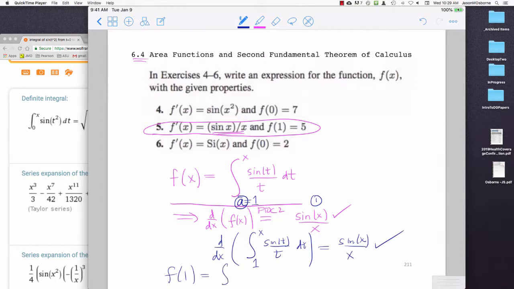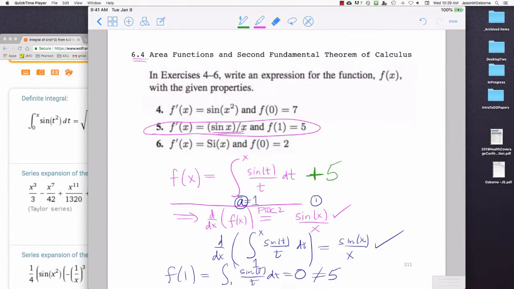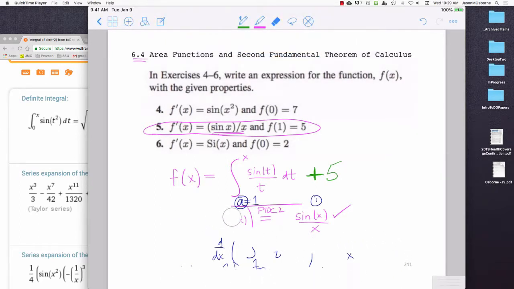You get the integral from 1 to 1 of sine of t over t dt, which is equal to 0, which is not equal to 5. So the last thing you need to do is just to chuck on a 5 onto this problem. And there will be your answer to number 5.